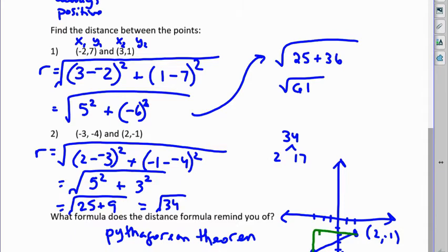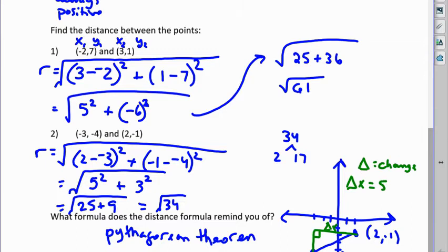Like here's this right triangle. And this is the delta x. Delta equals change. So the change in x, like how far away is a 2 from a -3? The delta x, the change in x was 5, wasn't it? That's how far a -3 is from a 2.